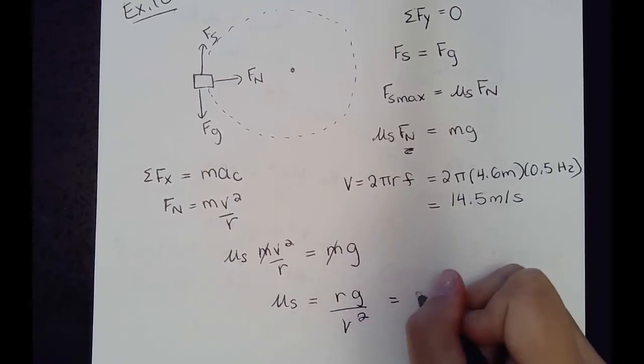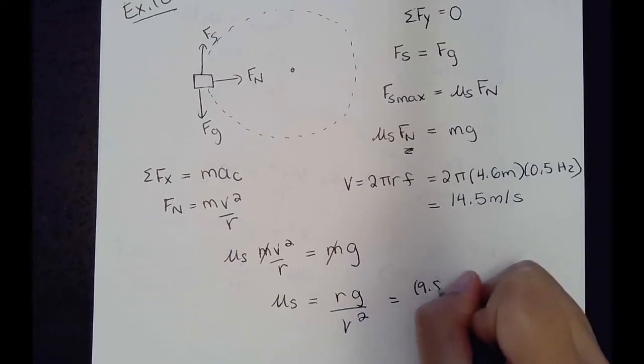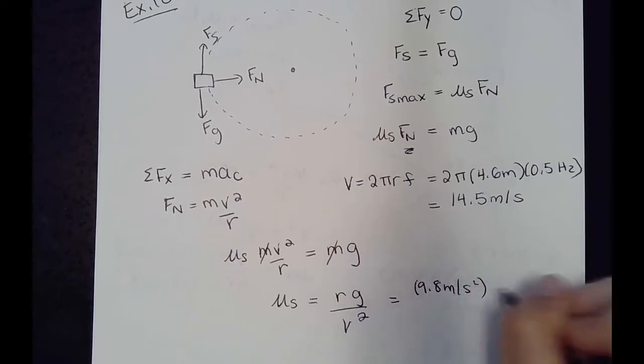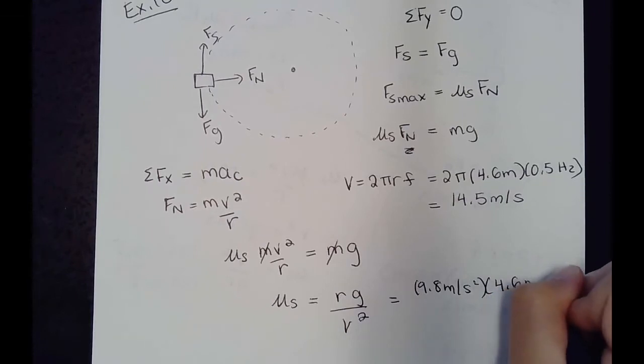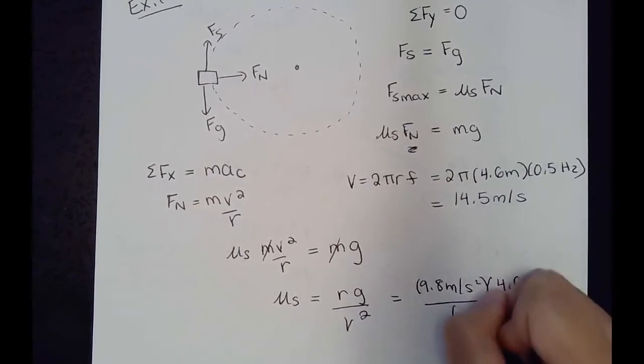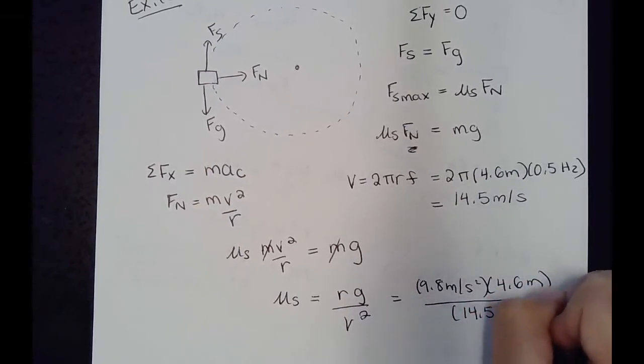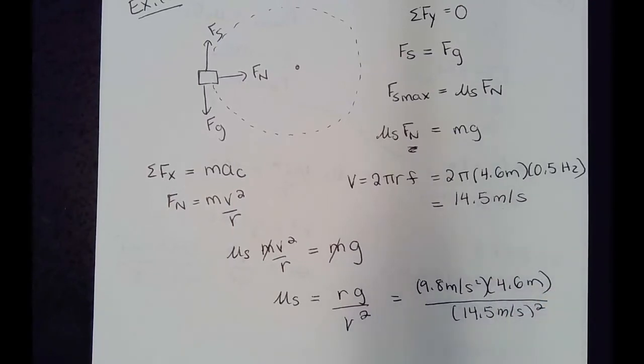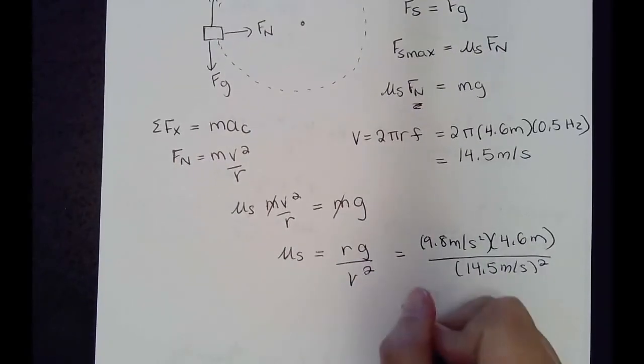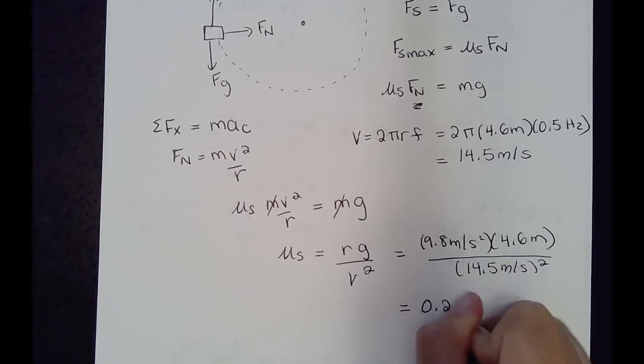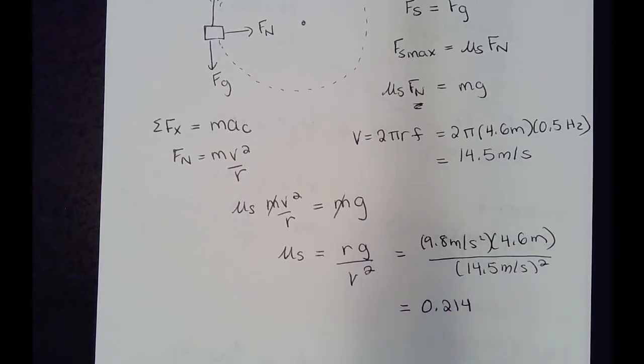So that's going to be 9.8 meters per second squared, this is g, times 4.6 meters, the radius, over 14.5 meters per second squared, which is 0.214 for the coefficient of static friction.